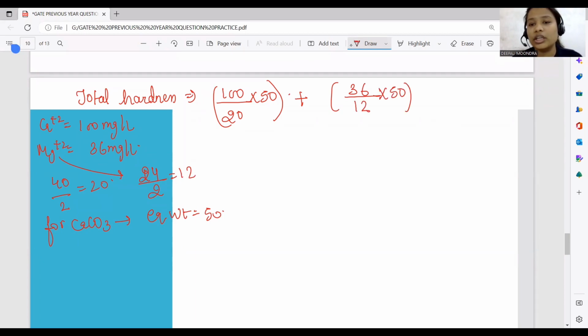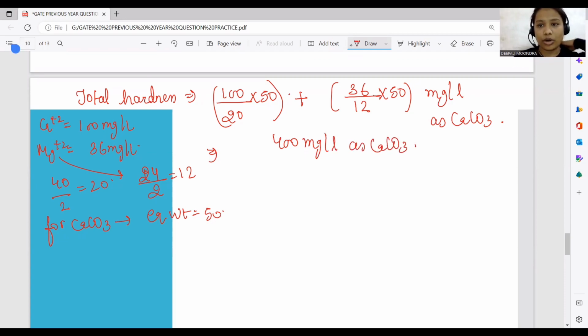This whole will give the total hardness as mg per liter as CaCO3. So now let's calculate with the help of a calculator. 100 into 50 divided by 20 plus 150, right? So we'll have 400 mg per liter as CaCO3, right?